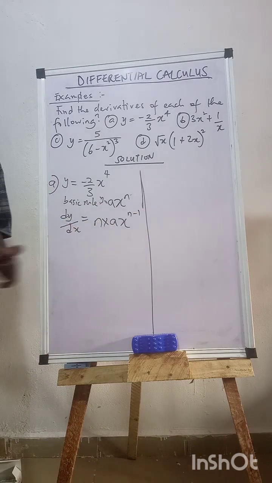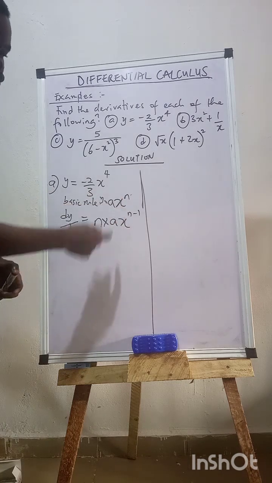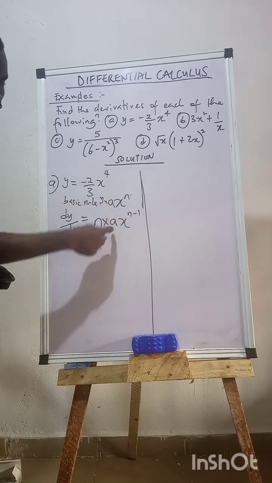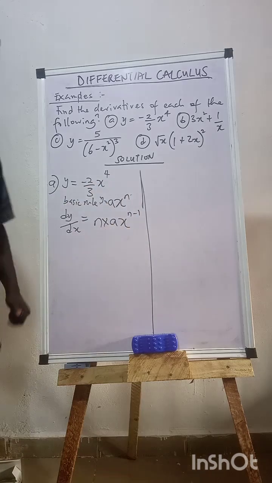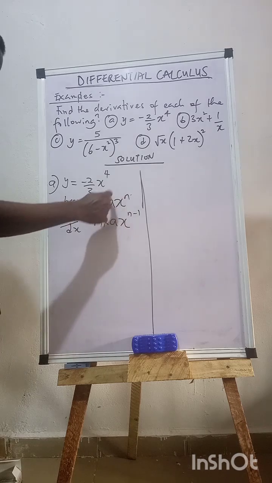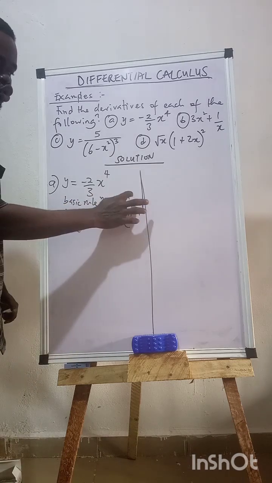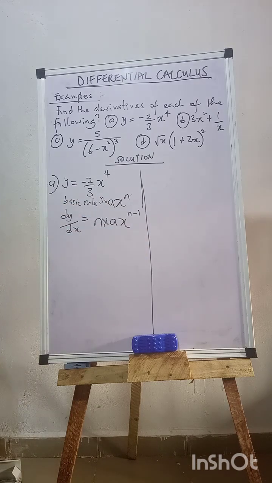For every x that we are looking for, you subtract 1 from the power, and the value that was on top is used to multiply the value at the front, and then you remove 1 from that value, whatever the value is.